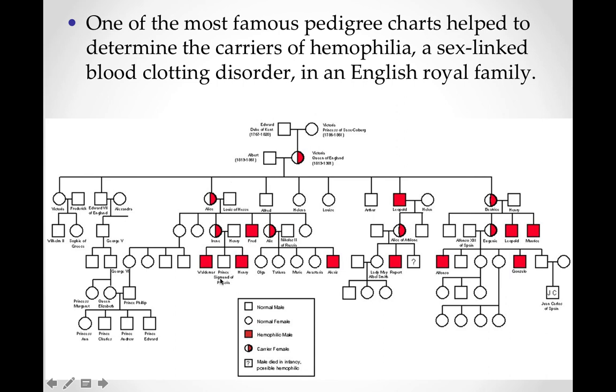This family, none of them had it. But Alice, the daughter here, did have it. Leopold, one of their sons, had it. Beatrice, one of their daughters, was a carrier. So you can see how it goes down through and where it ends up.